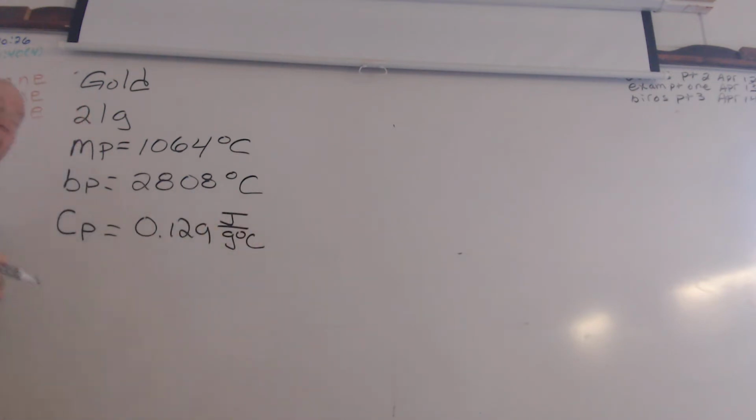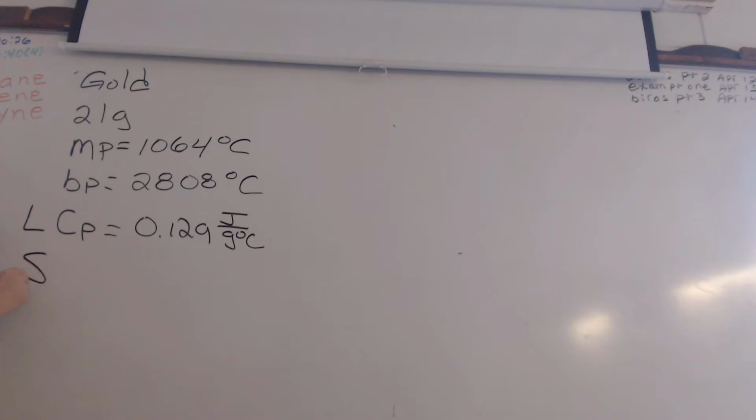And this is why we want to show you how to convert kilojoules per mole into joules per gram, because these specific heats are already measured in joules per gram. So it's much, much easier to do that, but you have to convert them first. So this is for liquid.